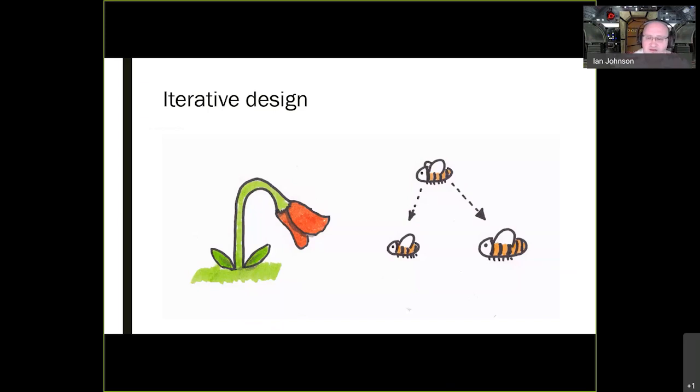And the flower is constantly evolving. Each generation of flower is trying to find a way to ensure that the bees pollinate it better or more effectively. And the bees are trying to get access to the flower, or to the nectar, as efficiently as possible.